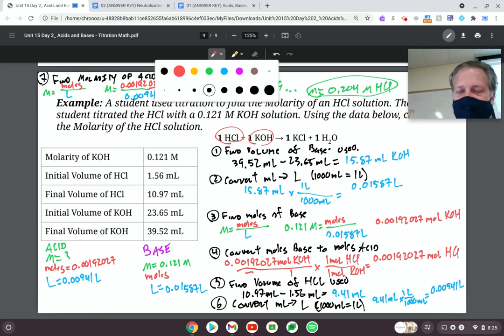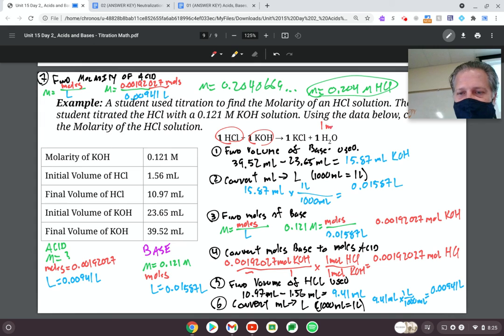So that's a lot of steps, I guess. But they're not complicated steps. I think it's just keeping track of what the problem is asking you to do. So any questions about what this is asking you to do? Because this is a lab thing.